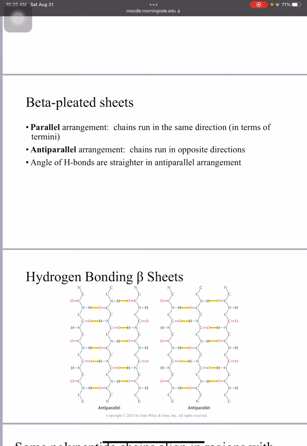We can also have a couple of different arrangements. We can have what we call parallel arrangements or anti-parallel arrangements. This basically means, if you have multiple chains, do they run in the same direction or in opposite directions? And this is all in terms of termini, right?